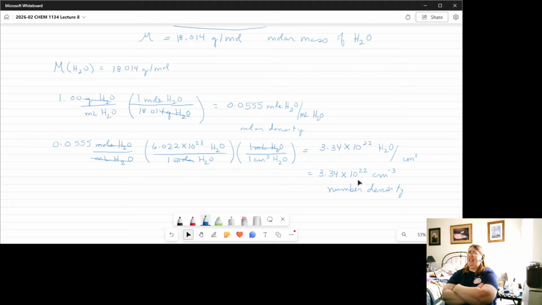If you're looking at a density that's 1, 2, 4, 10, it's probably in grams per milliliter. If you're looking at a density that's 0.06, 0.07, 0.04, 0.03, probably molar density. And if you're looking at a density that's times 10 to the 20 something, that is definitely number density.